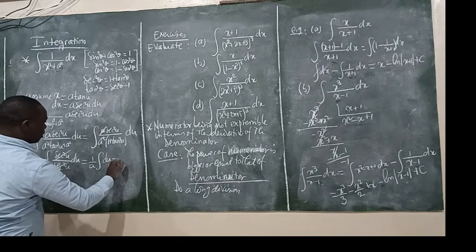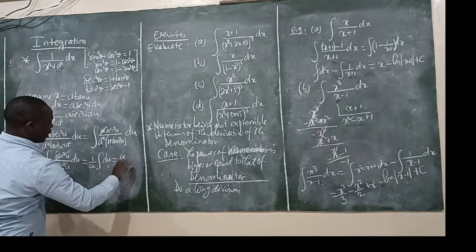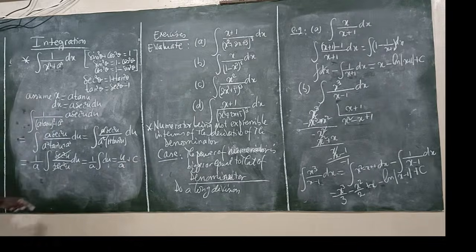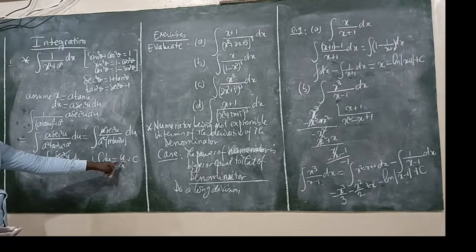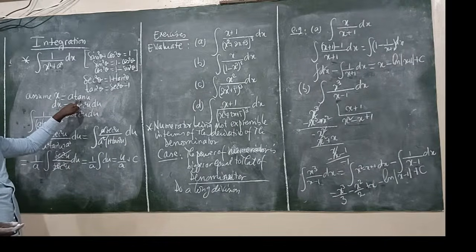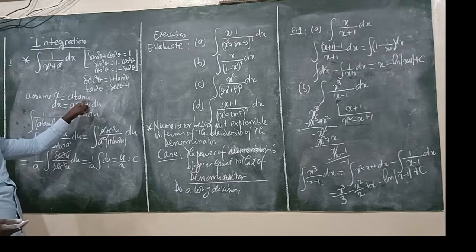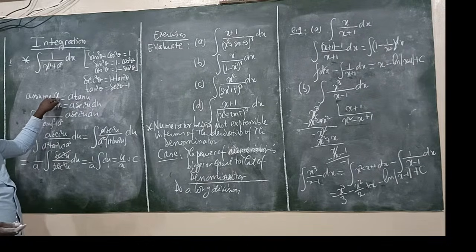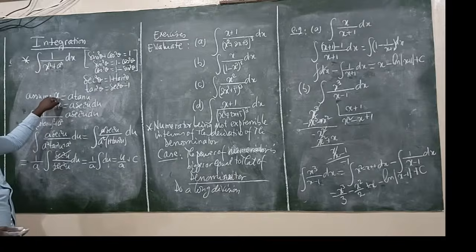This is going to be u over a plus c. So, having this, we have u, but here we have tan u. This means we need to find u as a function of x. Okay?